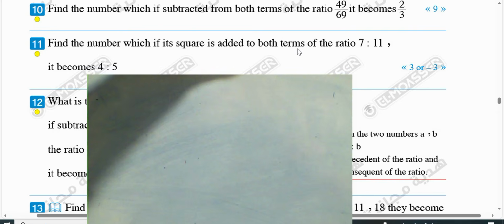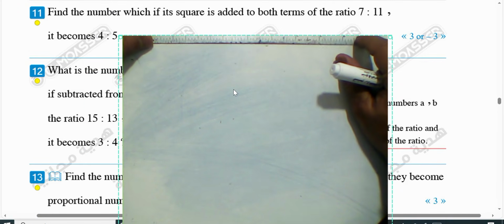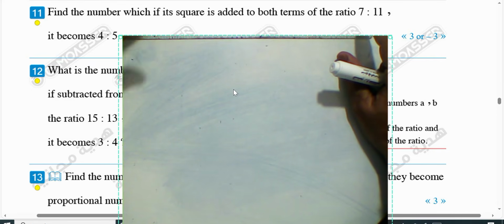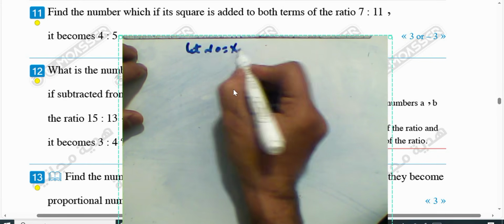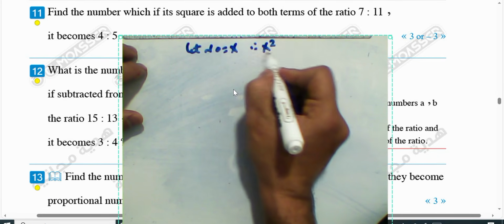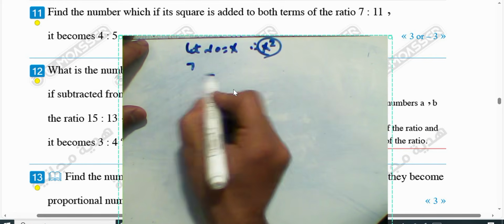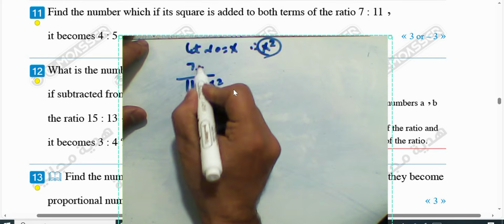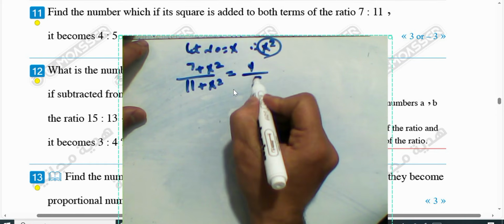Next question. Find the number which, if its square is added to both terms of 7 to 11, becomes 4 to 5. Okay, let the number be x. Then x power 2 is the square of the number. If added to both terms, here x power 2 and here x power 2, the result will give me the ratio 4 to 5.